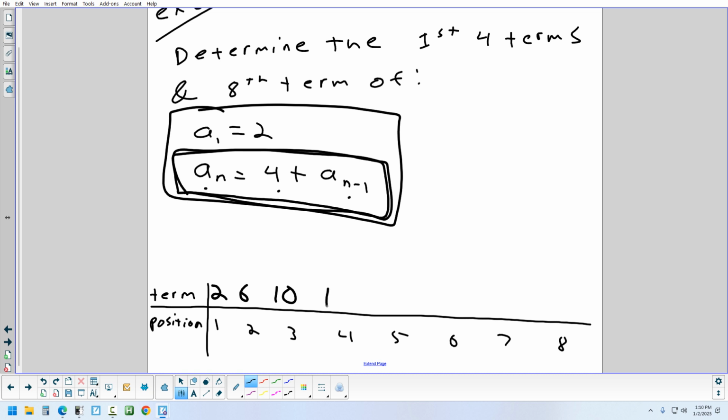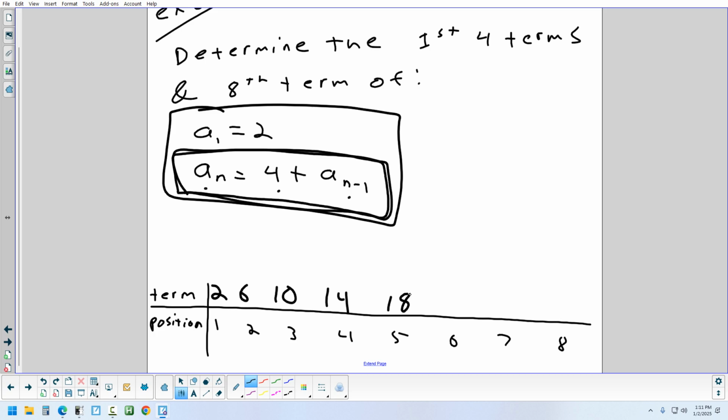Now, because we want to go all the way up to the 8th term, do I have the 7th term? No. So I need that. But to get the 7th, I need the 6th. To get the 6th, I need the 5th. So I have to work my way through all of them. That's why this formula is not as good as the other kind. So what's the 5th one? 18.